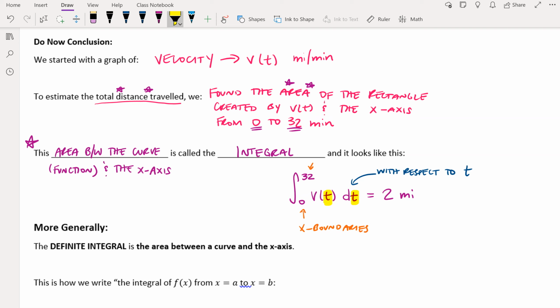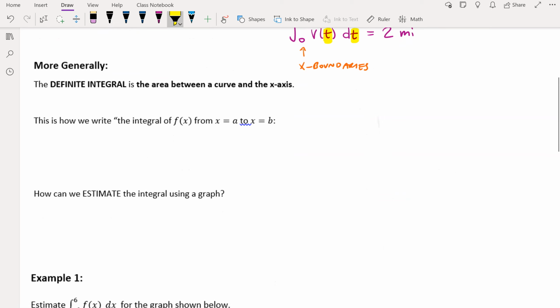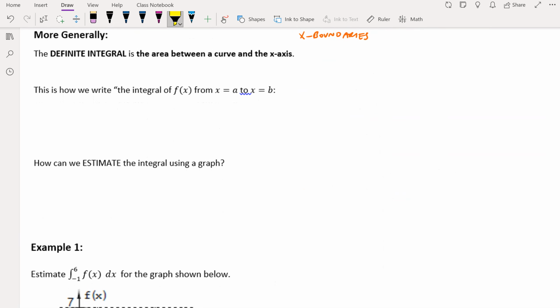Okay, cool. So let's now go ahead and define just in general, what is the integral? So I think you already wrote this down, but I need you to write it down again because we really got to know it. The definite integral is the area between a curve and the x-axis, and I need you to add on to this definition.